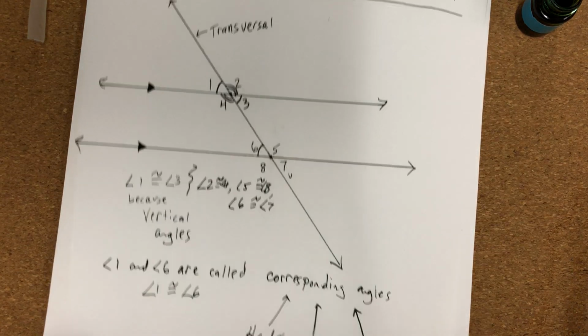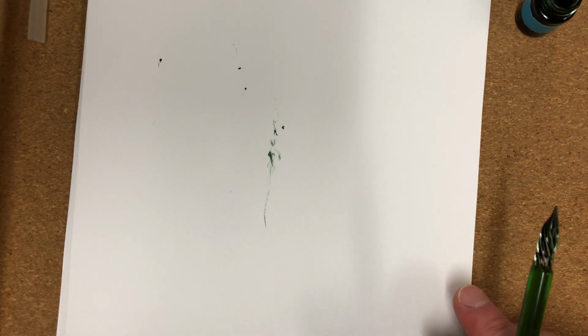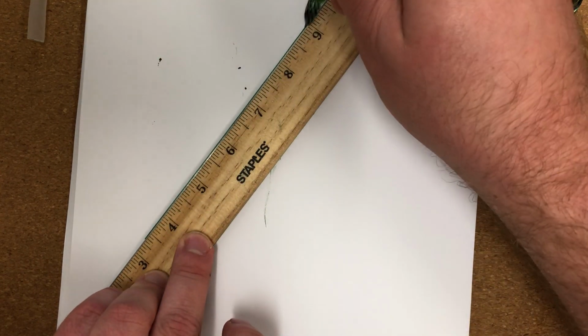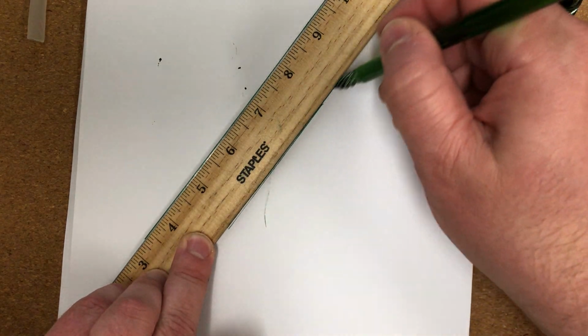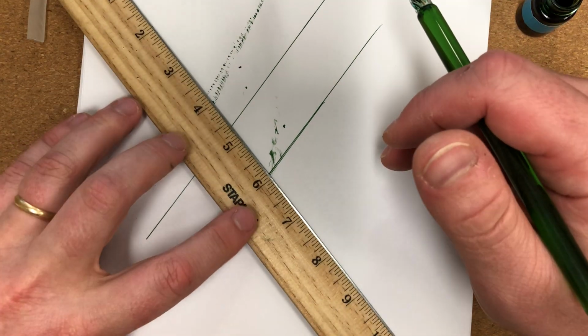So that's something that's always true no matter what. If you don't believe me, that's fine, but I'll draw two other parallel lines, and I'm gonna try to cut with a very, very different transversal this time.